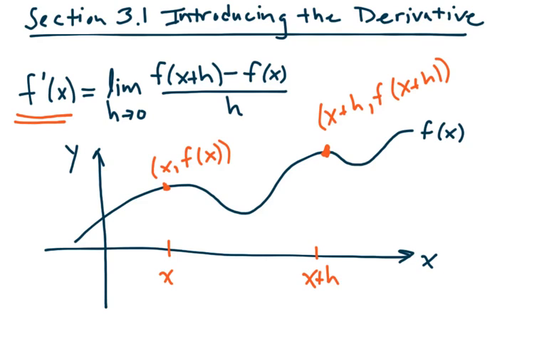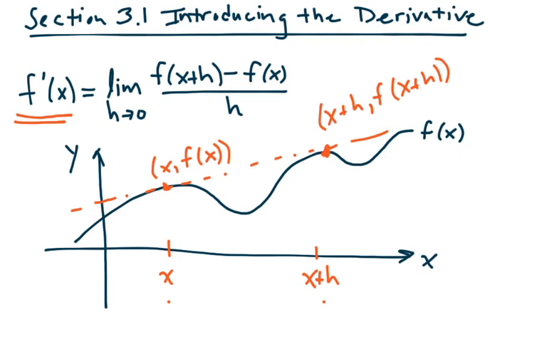Well, if we connect these dots and draw a line between the 2 points, the slope of this dashed red line represents the average rate of change of the function between the points x and x plus h. And so that tells us something about the function. First off, here as I've drawn it, it's a positive slope, so we can see that in the long run, the trend is upward, things are increasing.